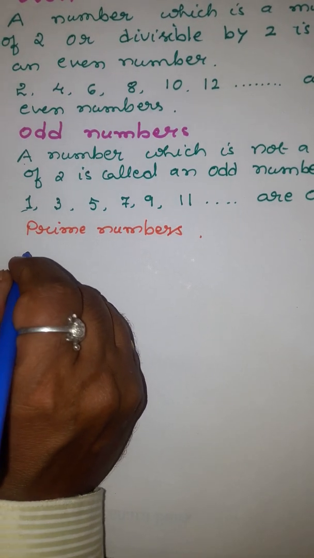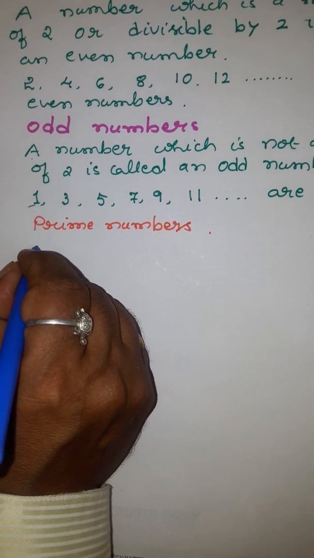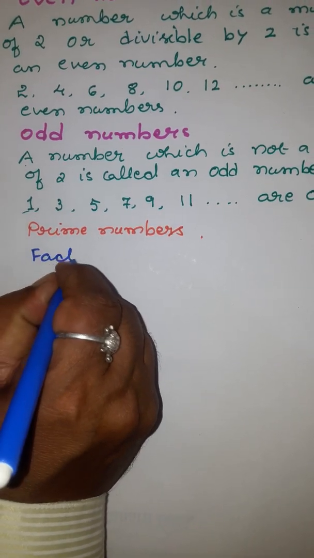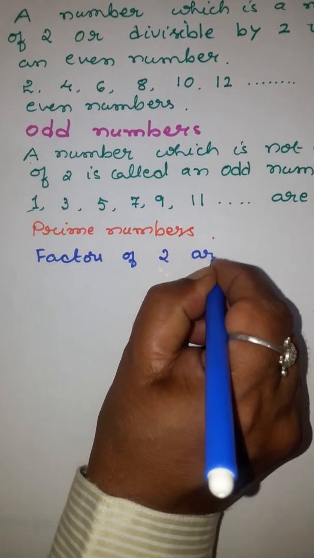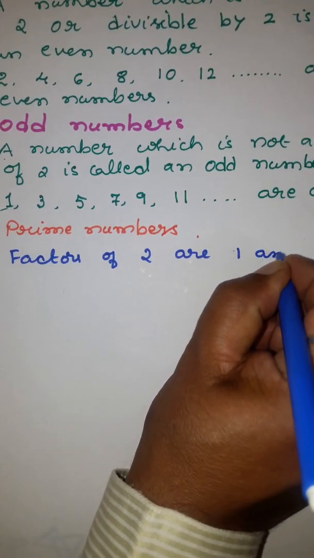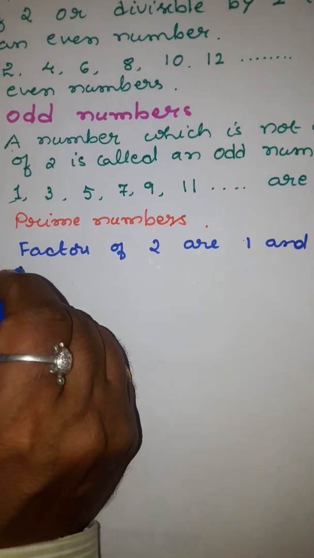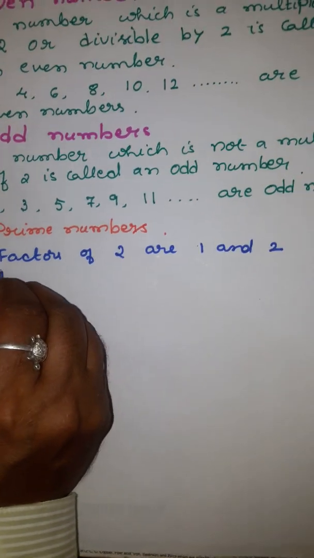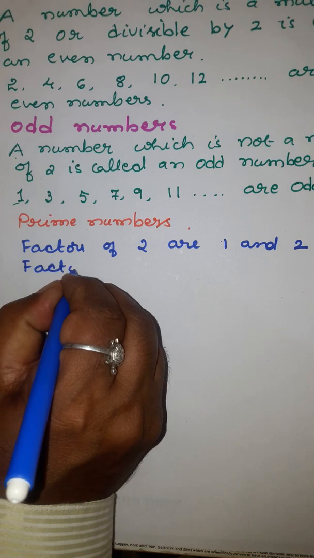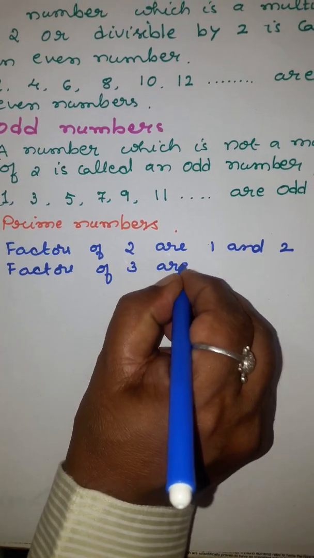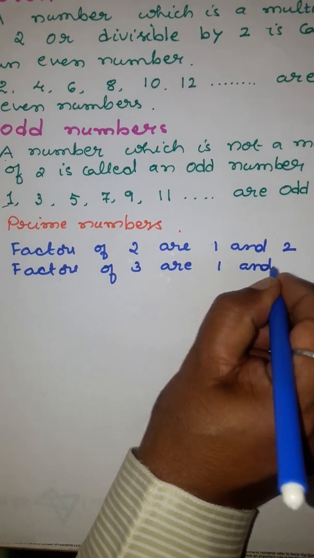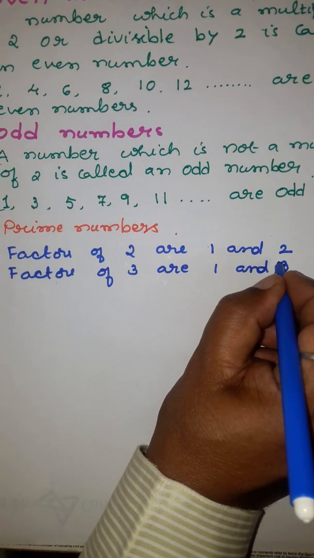Now, observe here the factors of 2 are 1 and 2. Factors of 3 are 1 and 3.